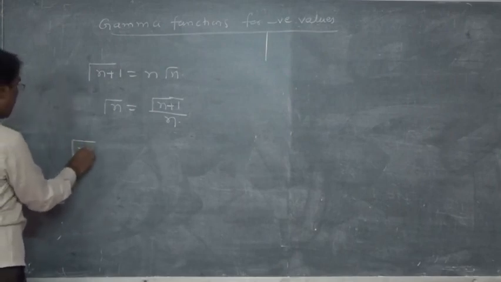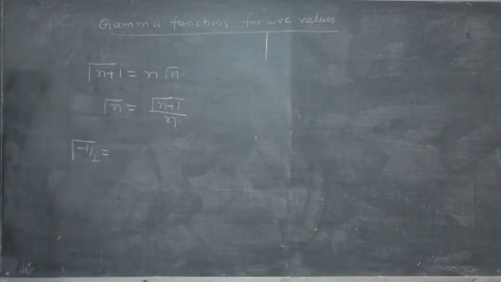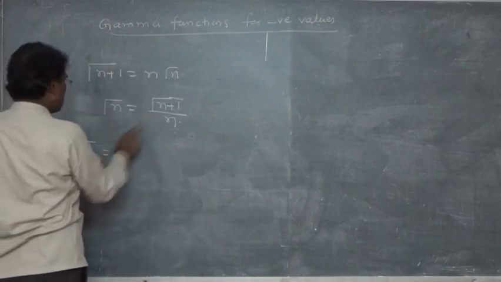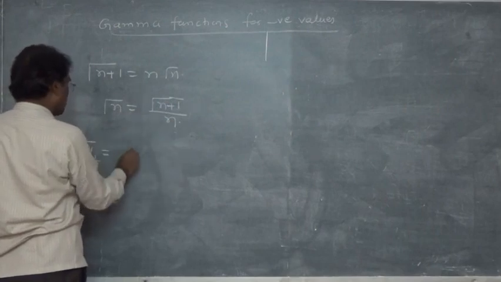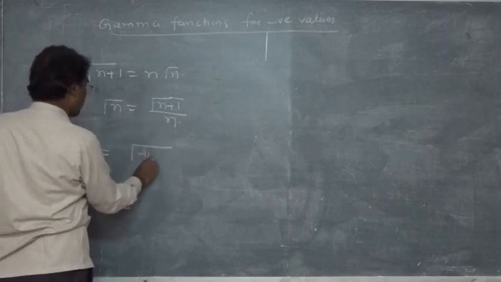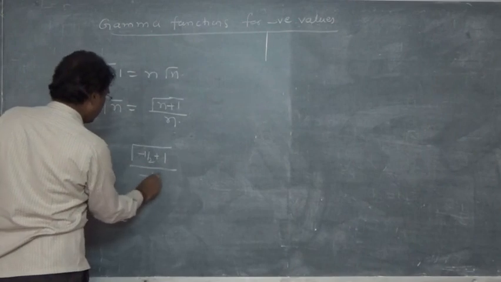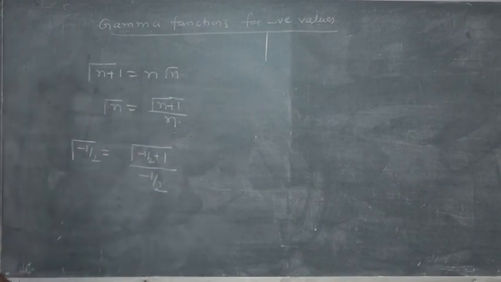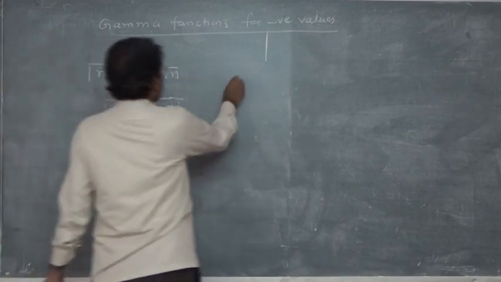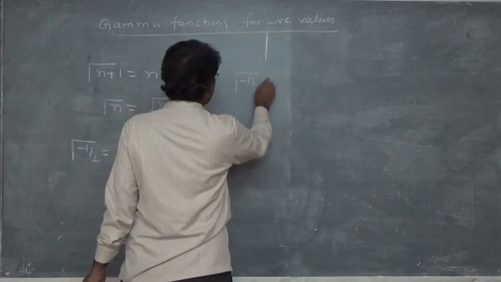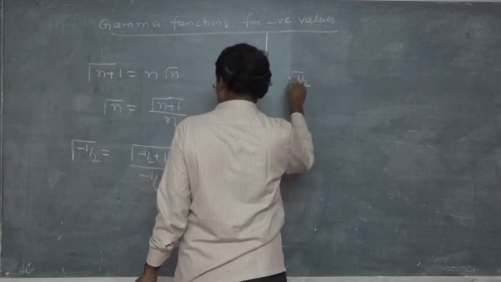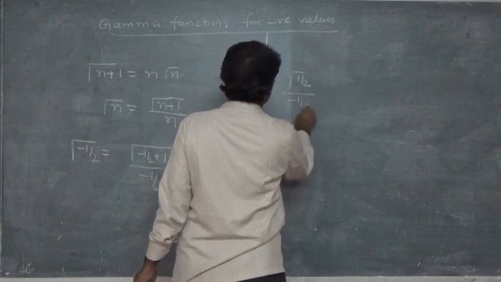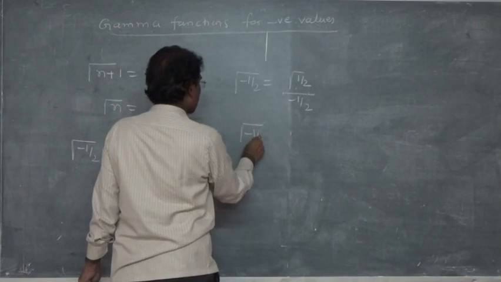Say here, gamma minus 1 by 2. I want to find the value of gamma minus 1 by 2. So use this formula: gamma n is equal to gamma n plus 1 by n. N is minus 1 by 2 here. So gamma minus 1 by 2 is equal to minus 1 by 2 plus 1, which is plus 1 by 2, divided by minus 1 by 2, or minus gamma 1 by 2.